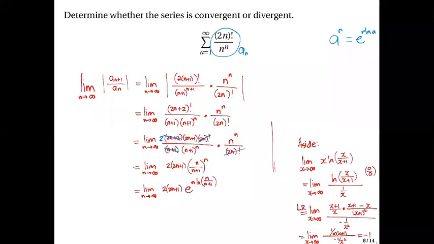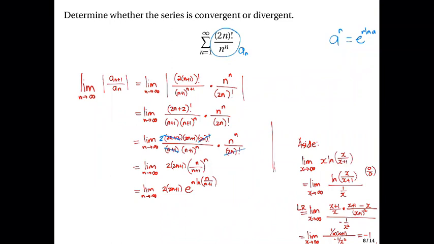But that's just polynomial over polynomial, right? So we just take the leading coefficients, which is negative 1 over positive 1. So you just have negative 1.